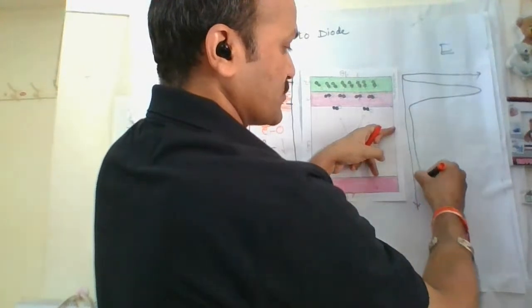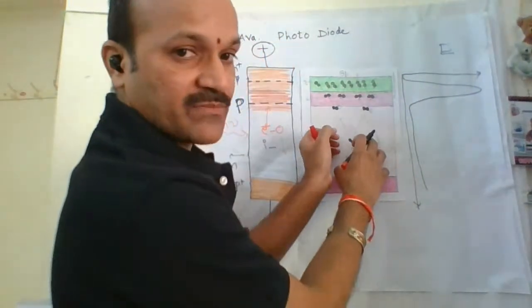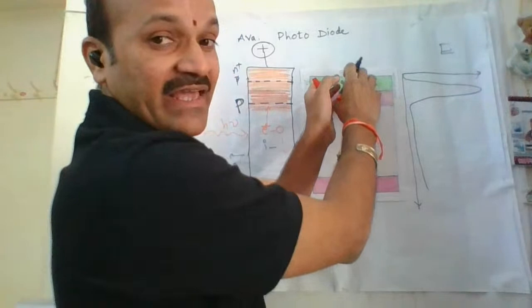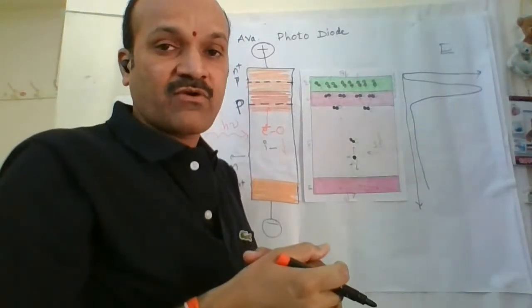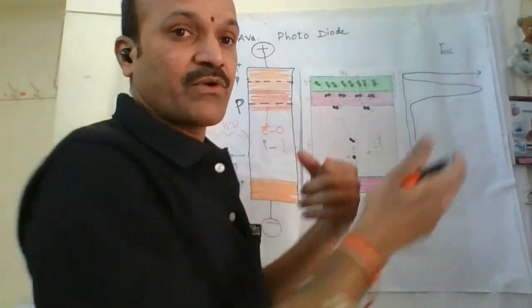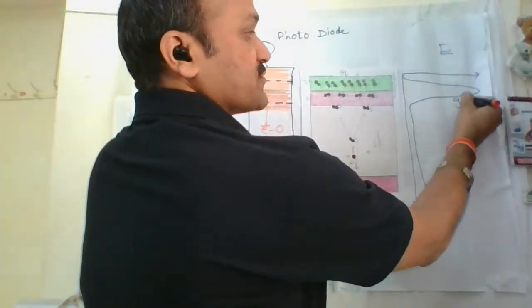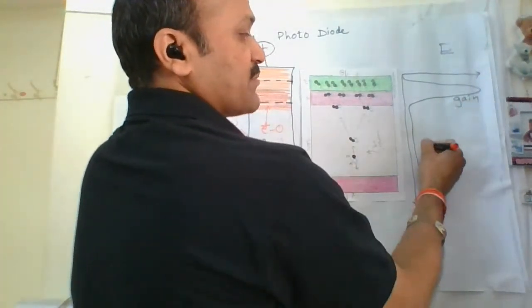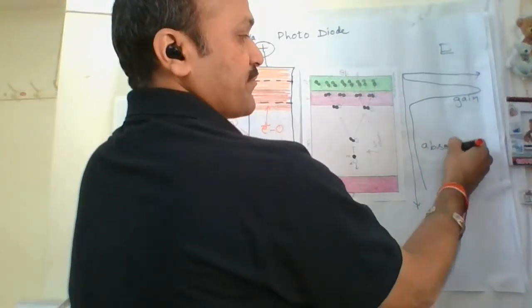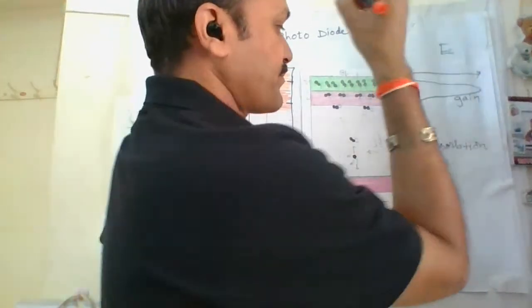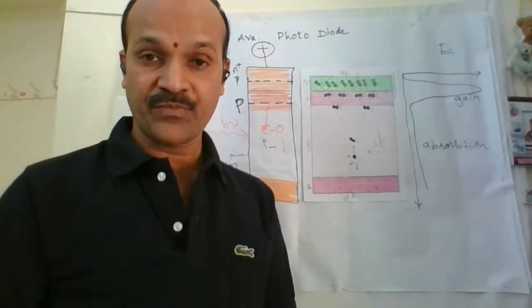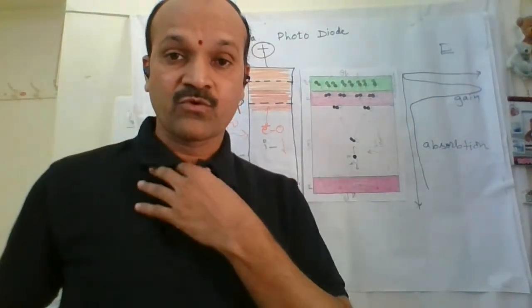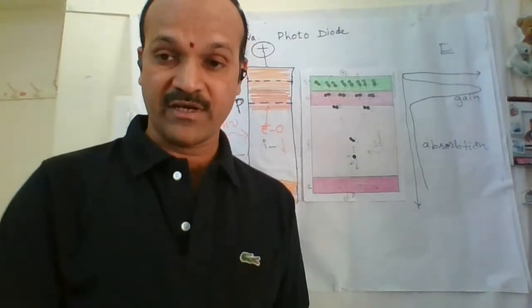This total is the absorption region. This is the gain region. Here more electrons, amplification of electrons takes place. So it is the gain region. This is the absorption region. So this is what happens in the photodiode, mainly the avalanche photodiode.